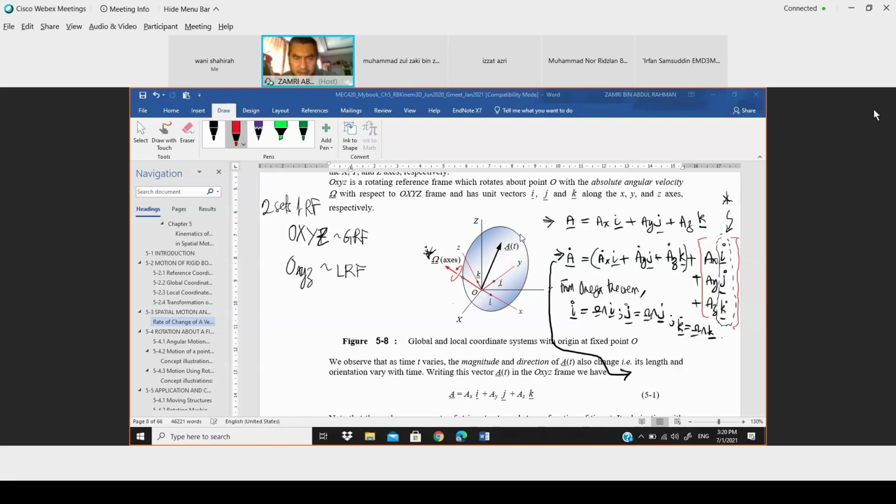How to switch off the camera? Right click pun does not work. Tak pastilah Prof. Advanced setting, turn off camera pun tak ada.